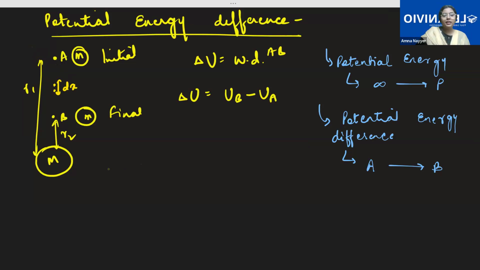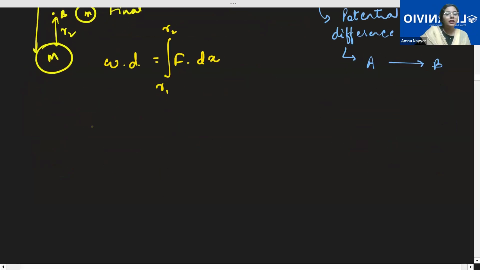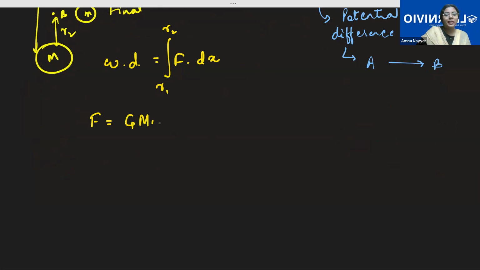See here again we'll write the equation of work done. Now here work done will be force into displacement integrating from r1 to r2. In the previous derivation yesterday, what did we see? We saw that that was from infinity to the point r. Now this is from r1 to r2. Force is still equal to GMm by x square. We will put this value over here.